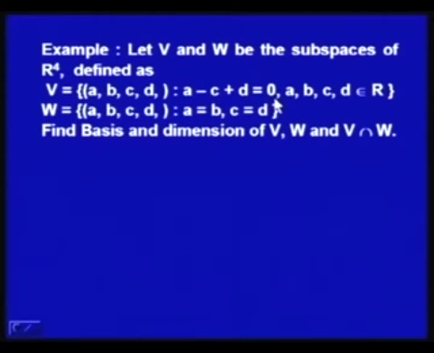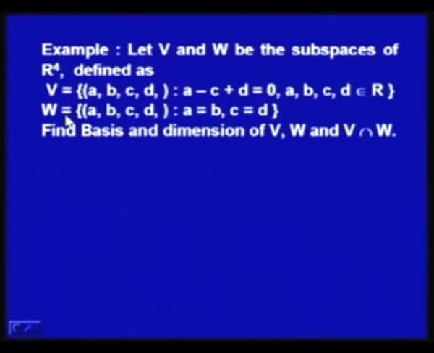So, let us consider two subspaces of R 4. Now, R 4 is a vector space and it has dimension 4. So, let us consider V as A, B, C, D such that they follow a constraint A minus C plus D is equal to 0, where A, B, C, D are real numbers.